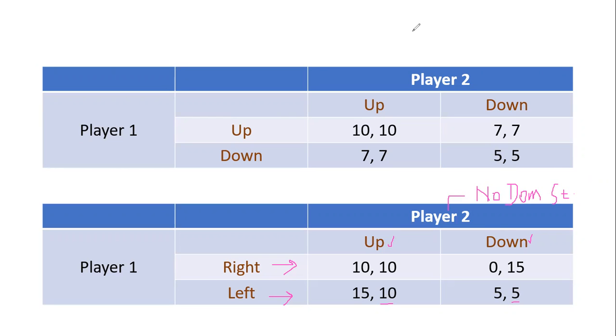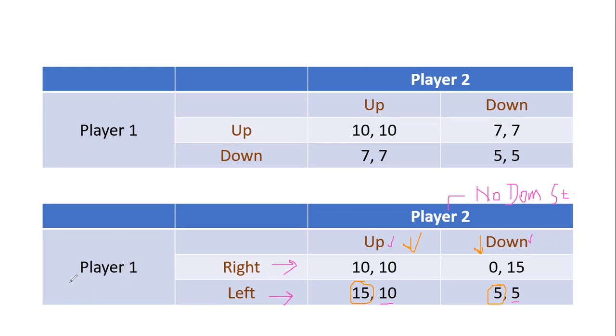Now let's check it for player 1. Assume player 2 plays up. Player 1 should play left because it gives him a higher outcome compared to playing right. But if player 2 plays down, again comparing the payoff of both choices, player 1 should play left.